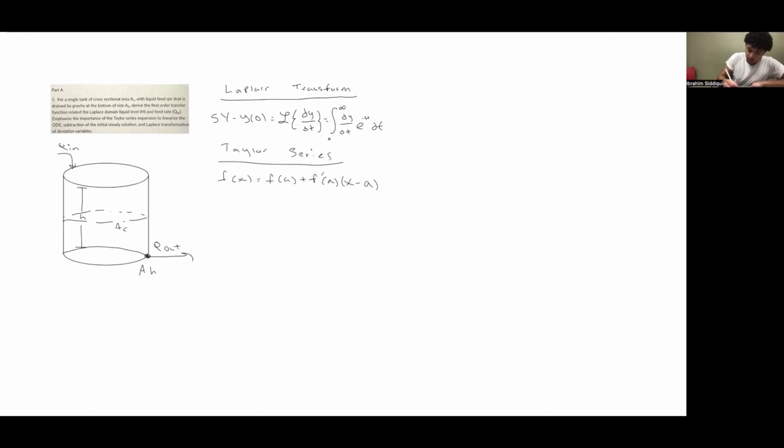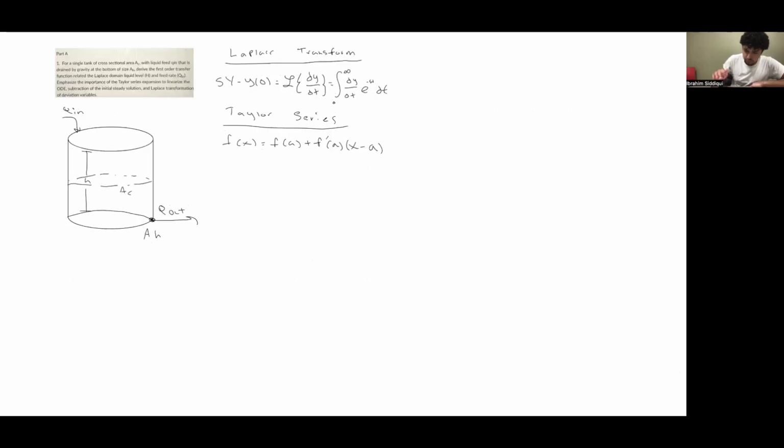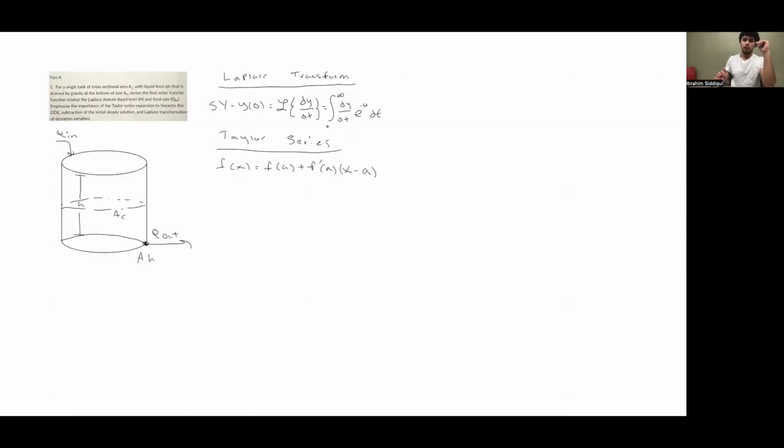Okay, so now what we want to do is solve for the change of volume over the change of height.